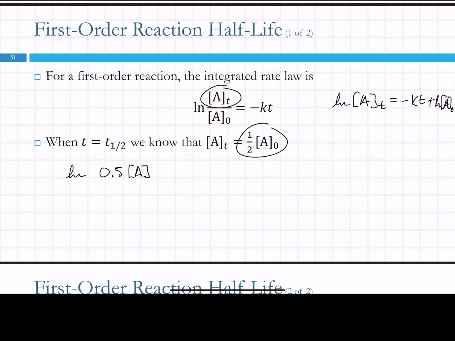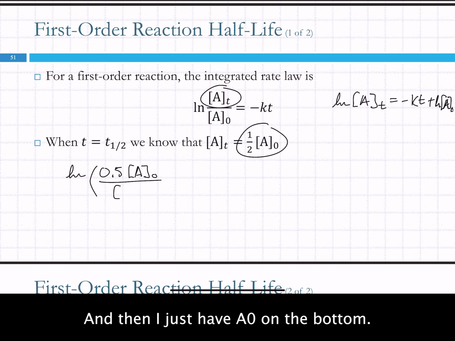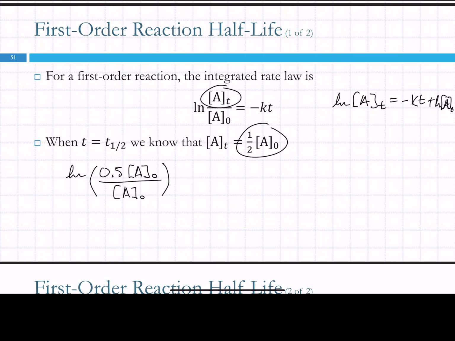and then I just have A0 on the bottom, equals negative kt. So what happens to A0? Cancels out.